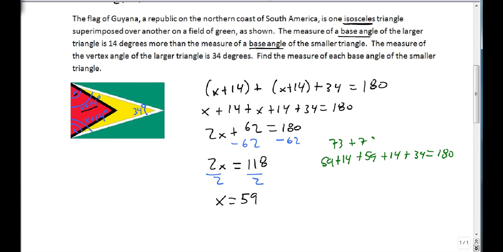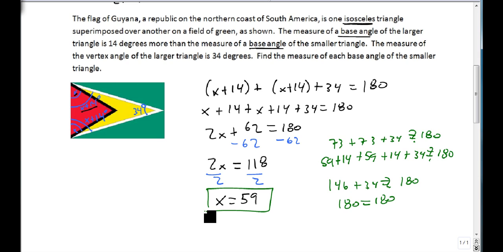So 73 plus 73 plus 34, does that add up to 180? Well, 73 plus 73 is 146, plus 34. Sure enough, 146 plus 34 is 180. Since both sides work, our answer checks out, and we know that our smaller isosceles triangle has a base angle of 59.